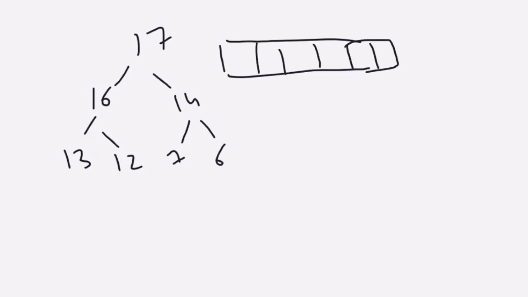We have 7 elements here, and everything is stored according to the level. So at the top 17, then at the next level 16, 14, then the next level 13, 12, 7, and 6.